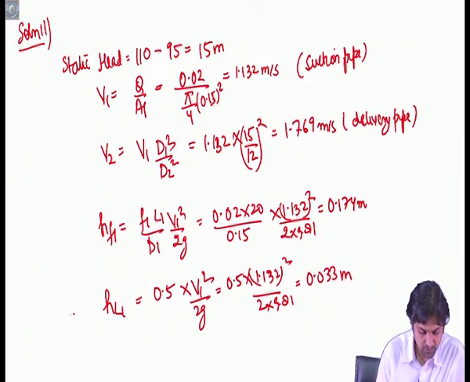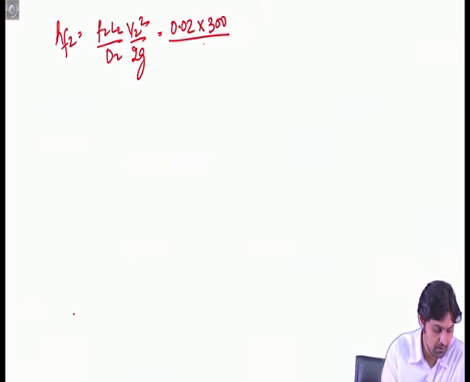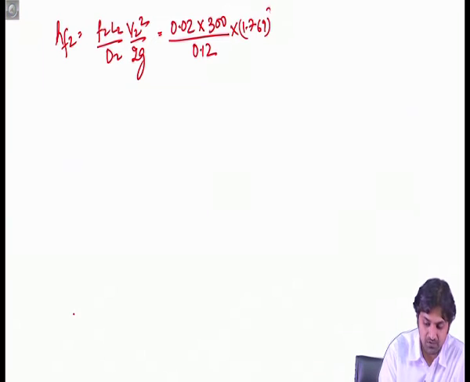We are going to see the HF2. The major loss in pipe 2 will be F2 L2 by D2 into V2 square by 2G. F2 is also given as 0.02, length is 300 meters, D2 was 0.12, into 1.769 whole squared by 2 into 9.81, and that comes out to be 7.975.